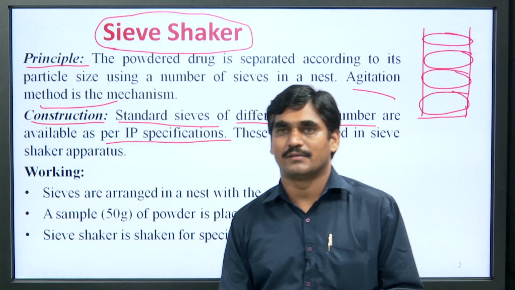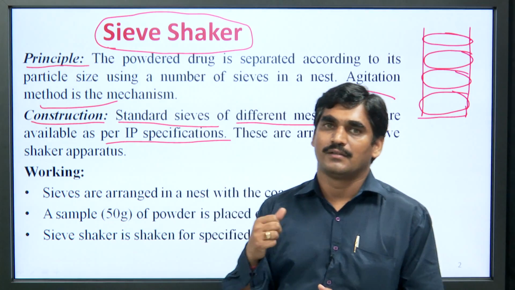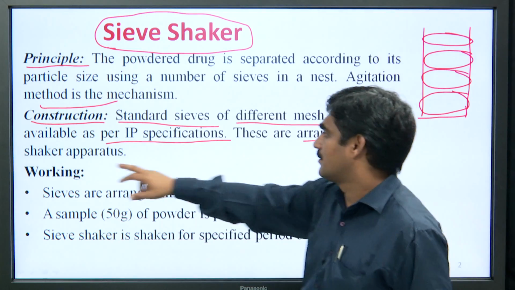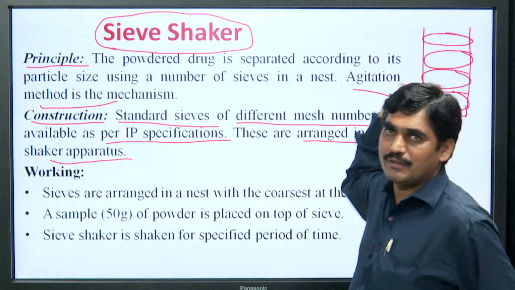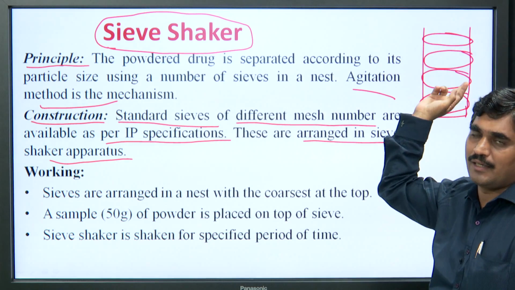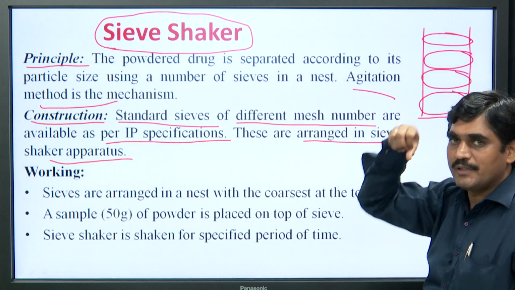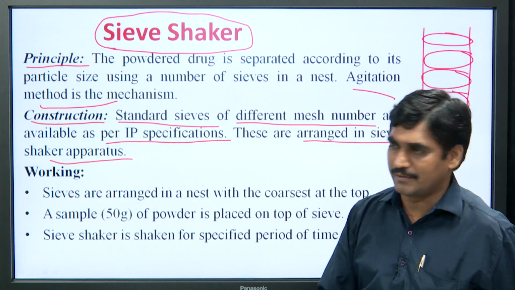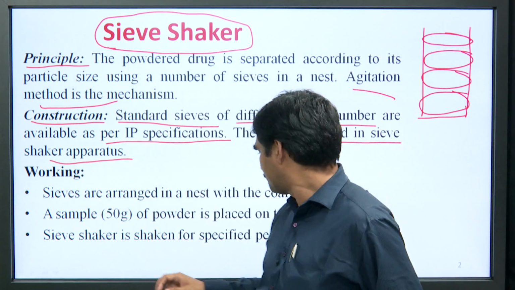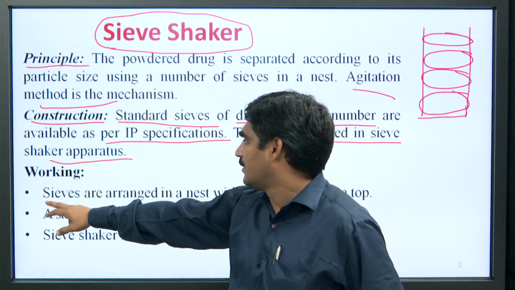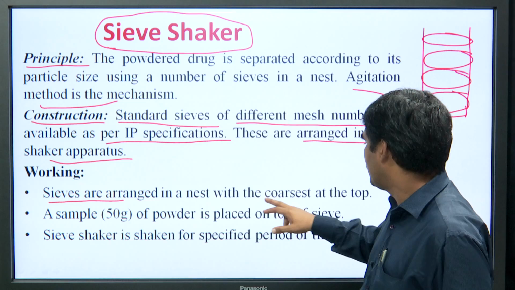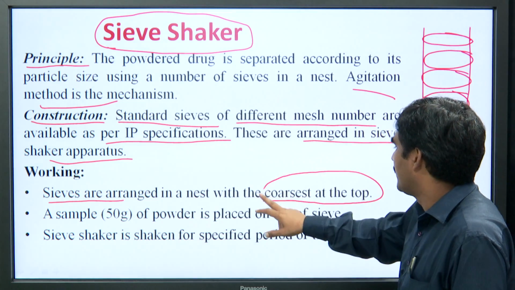So, these are the standard sieves that we are using. These sieves are arranged in a sieve shaker apparatus. The apparatus is called sieve shaker apparatus. There is a specific way of arranging all the sieves in this apparatus. How does it work? Generally sieves are arranged in a nest with the coarsest sieve at the top.